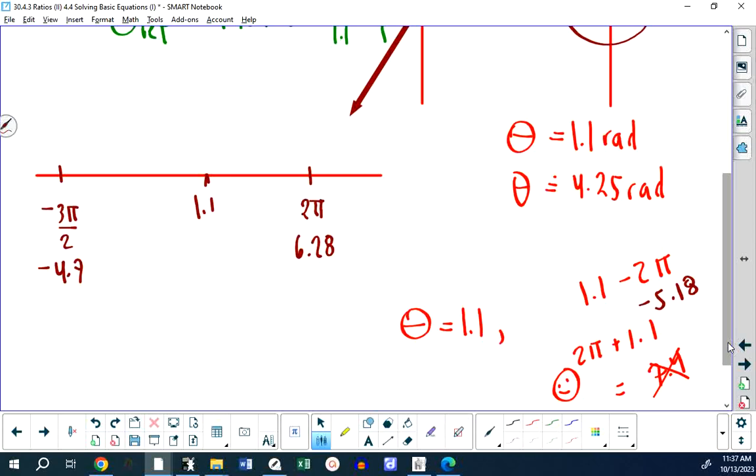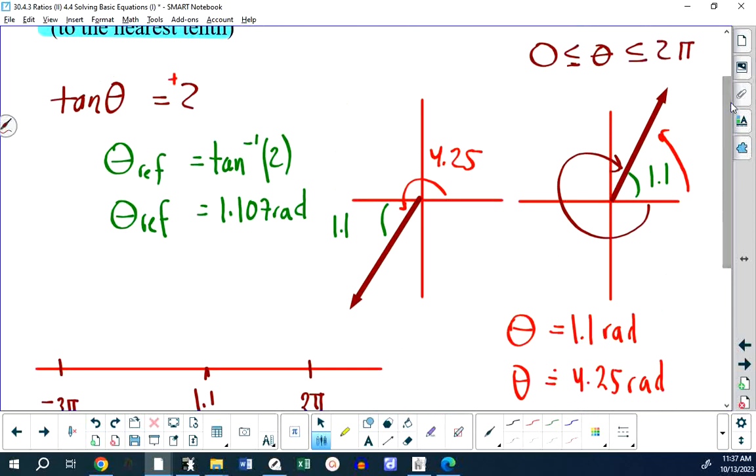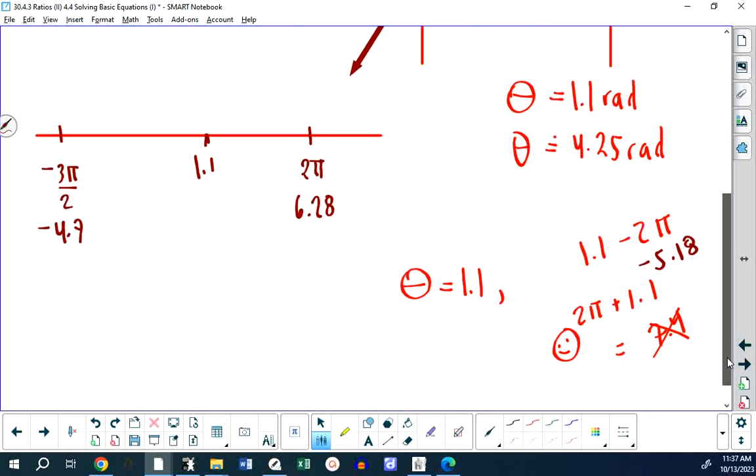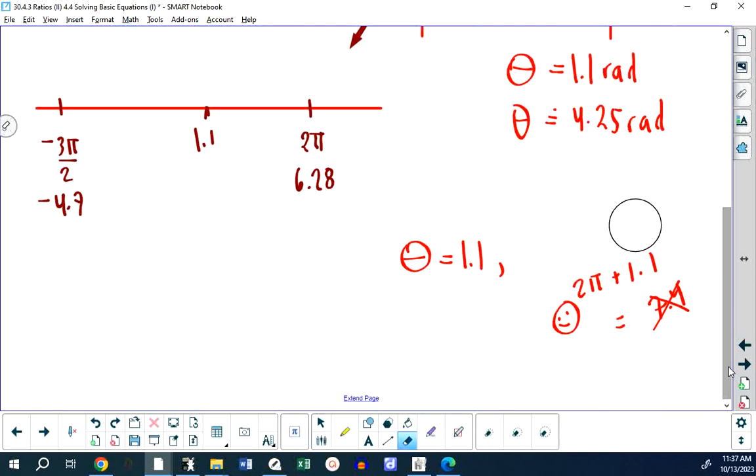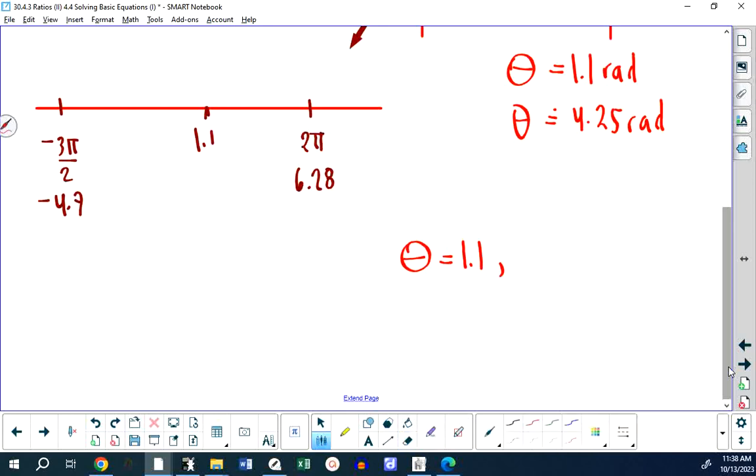So there is only one solution from 1.1 that lands in that domain. We're done with the 1.1 now. What about 4.25? Is 4.25 in that domain? Definitely. It's less than 6.28, and it's more than negative 4.7. So we can add it to our list.